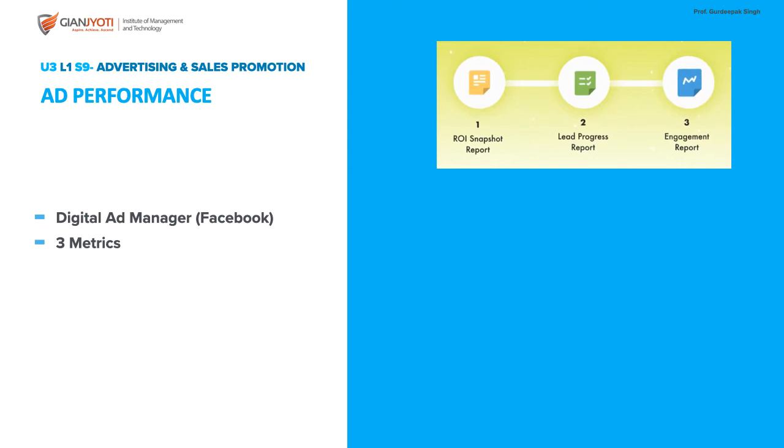And generally, we use three reports. If I talk of digital media, you work at three platforms. Number one is you try to engage the people, your target audience. Second is you generate the leads out of that. And third is you want to get the conversions done. So you want the engagement report, lead progress report, and then the return on investment report.